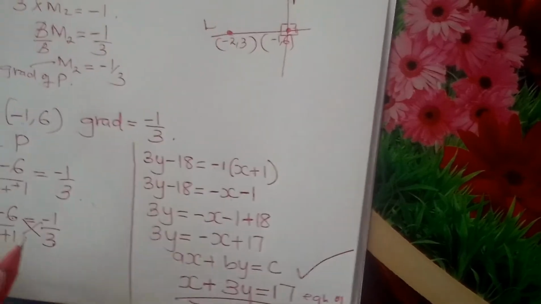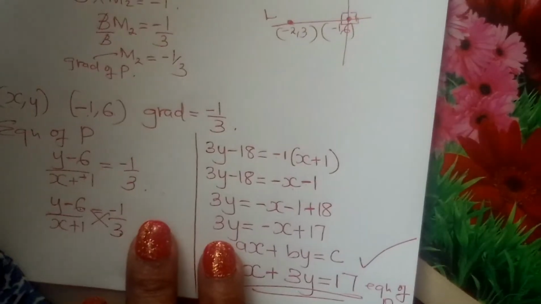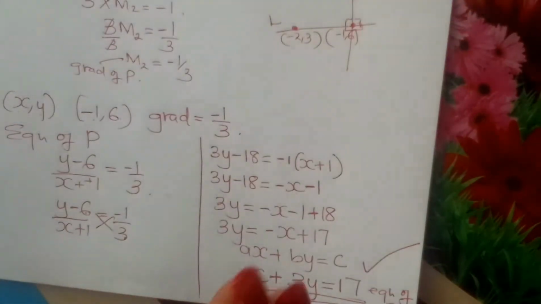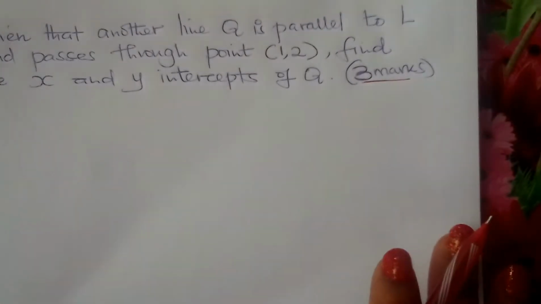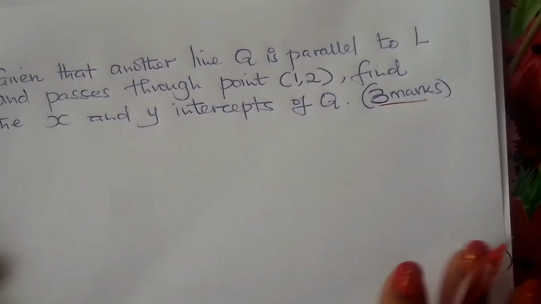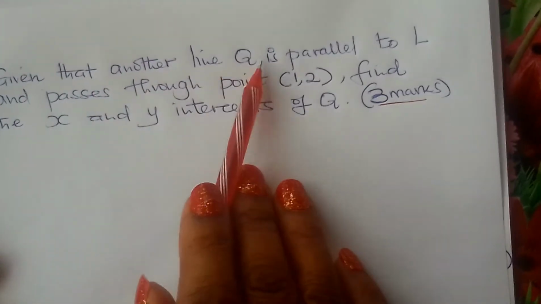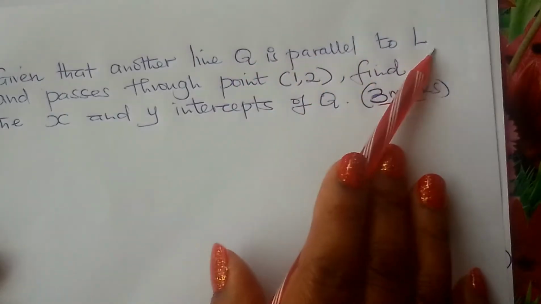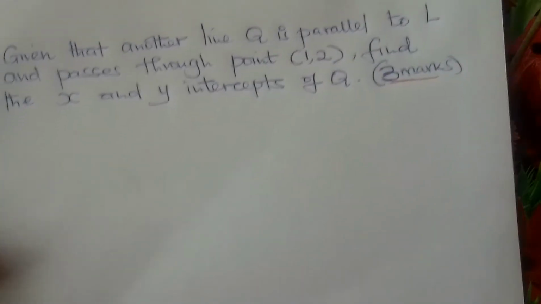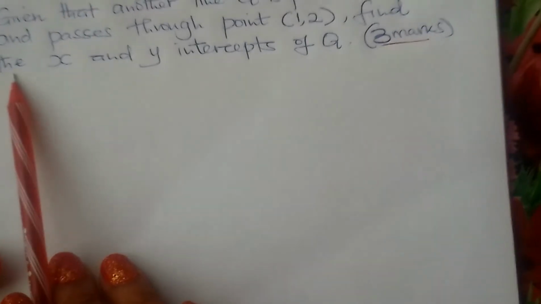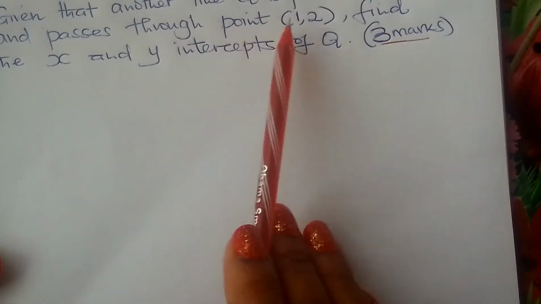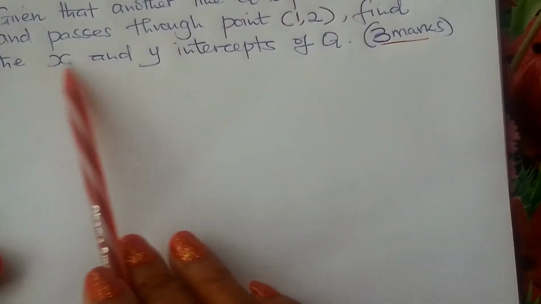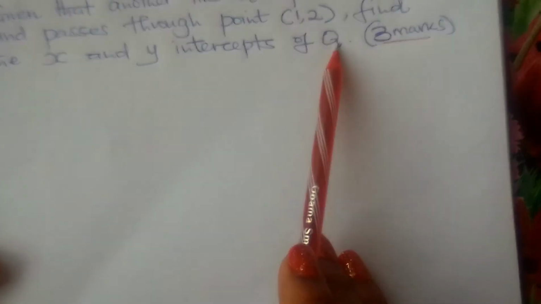Good. We go now to part C, learner. Part C. Look at this. You are told, given that another line Q is parallel to L and passes through point 1, 2, find the x and the y-intercepts of the equation.